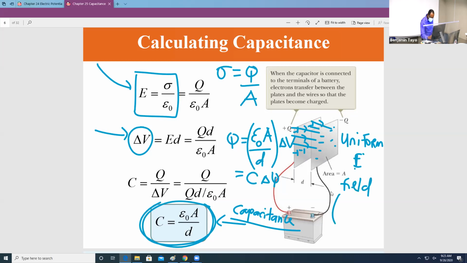And this electric field is only between the plates. So outside, the electric field is simply equal to 0.